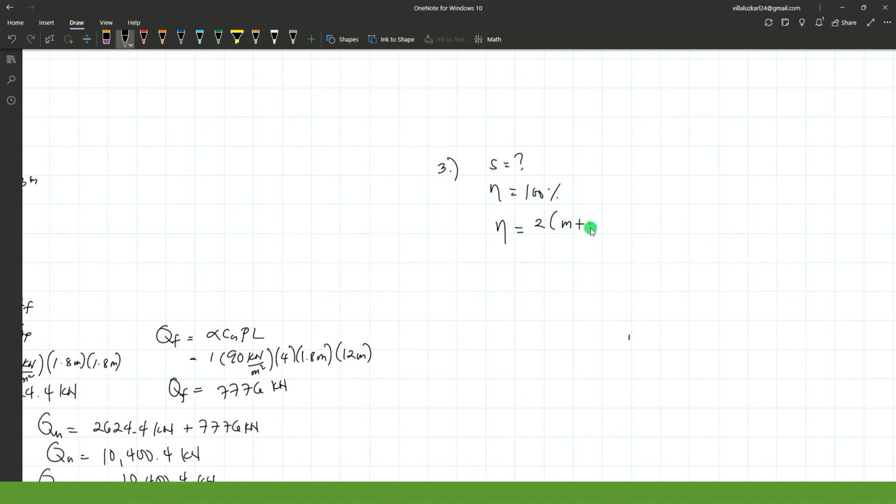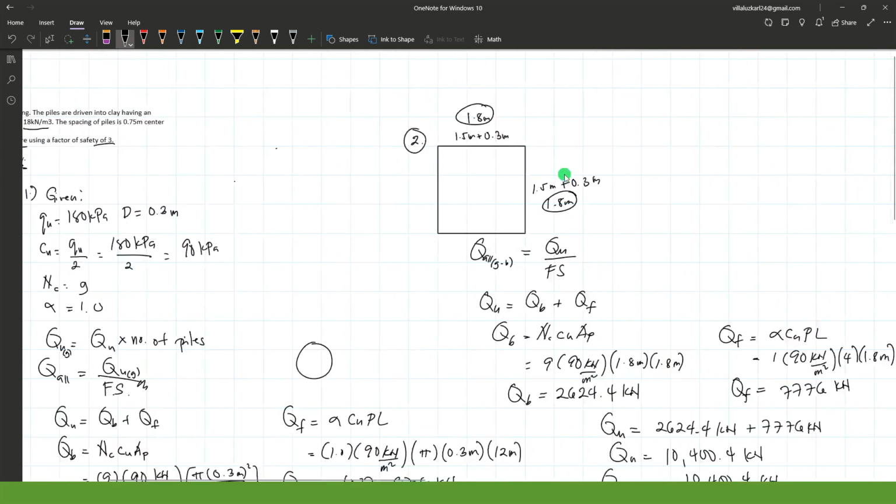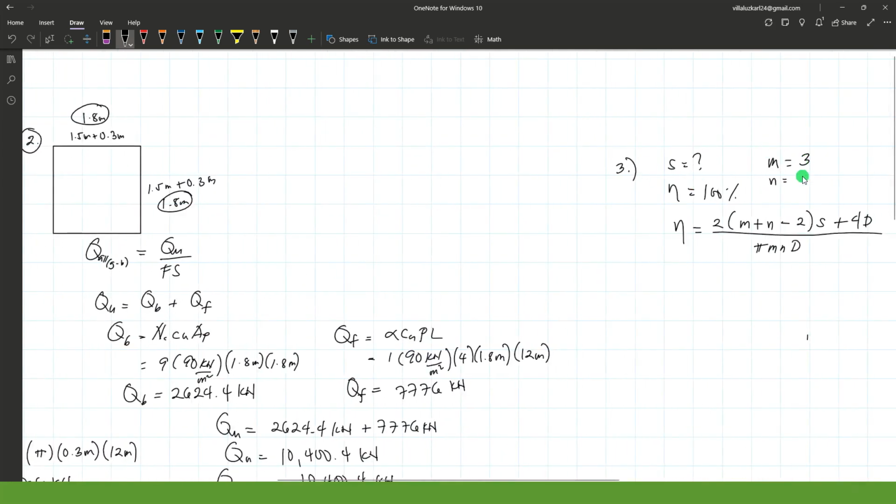So let's rewrite that formula: 2 times m plus n minus 2 times s plus 4d all over pi m n times d. m is the number of columns, n is the number of rows. So we have three columns and 3 rows, so this is 3 and 3. The diameter of the pile is 0.3 meter.